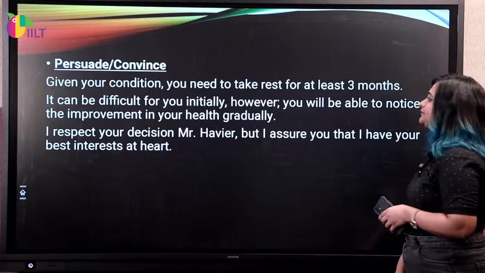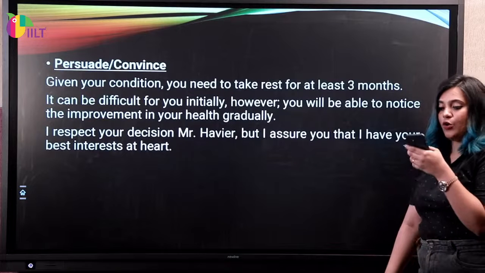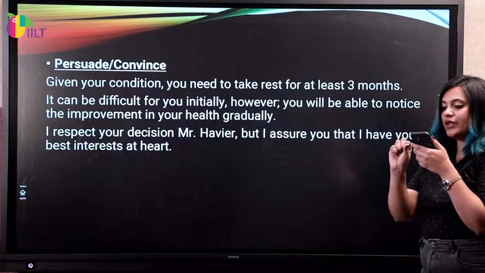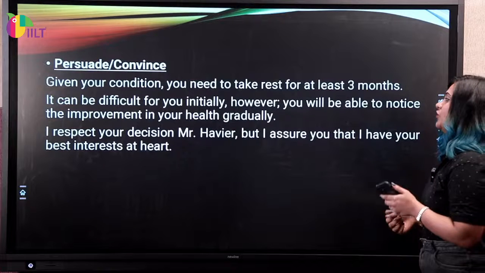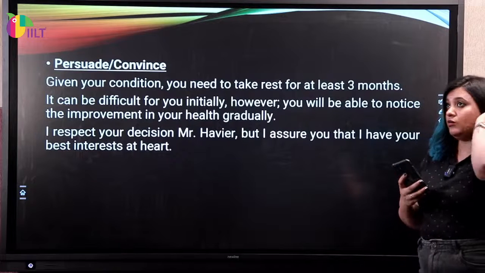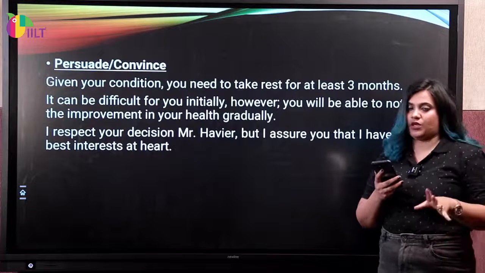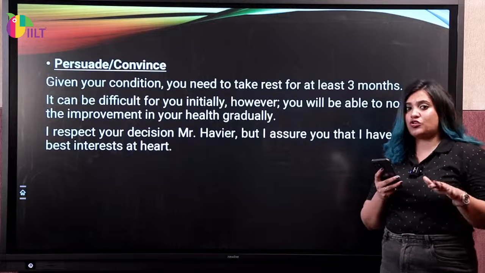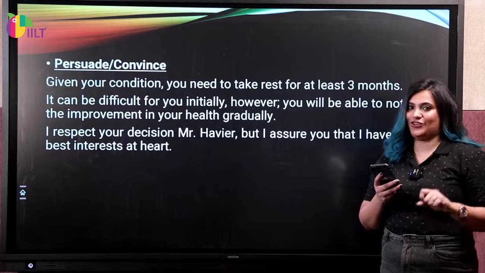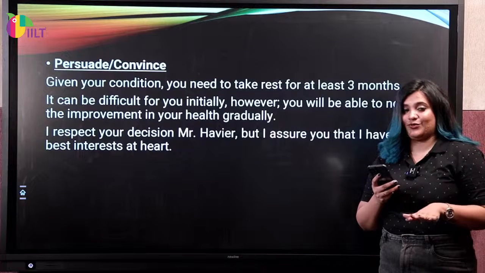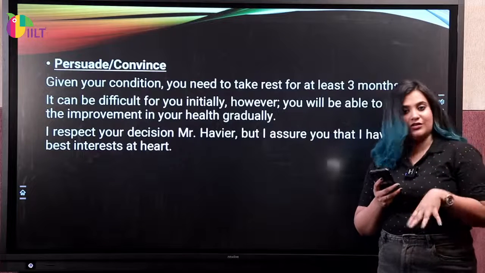Moving on to the next one, persuade or convince. So this is also a very common action verb that we all know. We all might have seen it as well. Persuade the patient or console the patient. Okay, persuade the patient is also common, but not as common as console. You'll see this particular word almost in every cue card. Console the patient, address the concerns and console the patient.